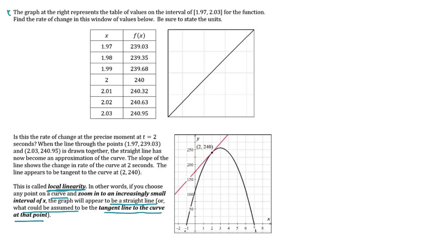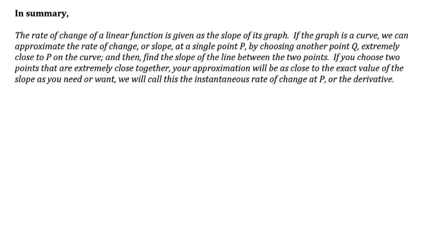Up here on our graph, the graph to the right represents here, whenever we're doing a really tight interval, then you can zoom in real close and notice that it does look like you're going to be working with a straight line.